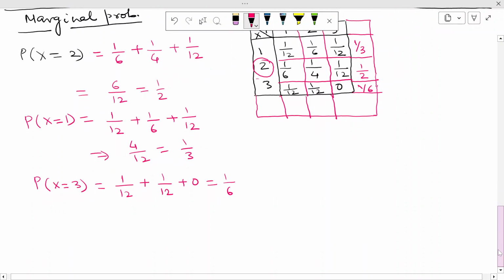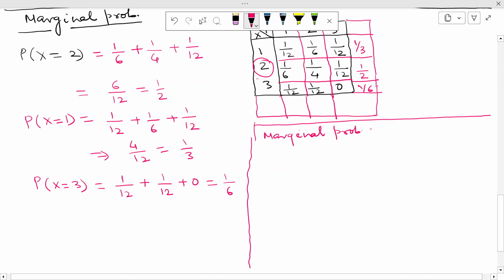Now, on the same line, we will obtain the marginal probability for y is equal to 1, 2 and 3, meaning the marginal probability for different values of y. When you are calculating the probability corresponding to y is equal to 1, we have three probabilities.